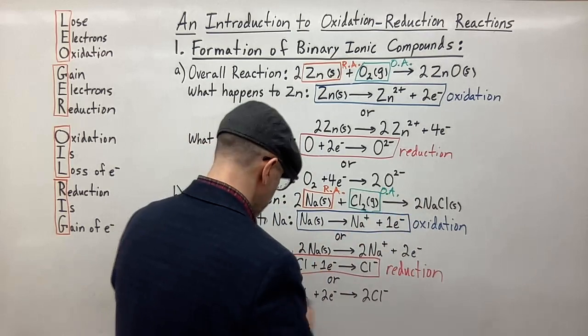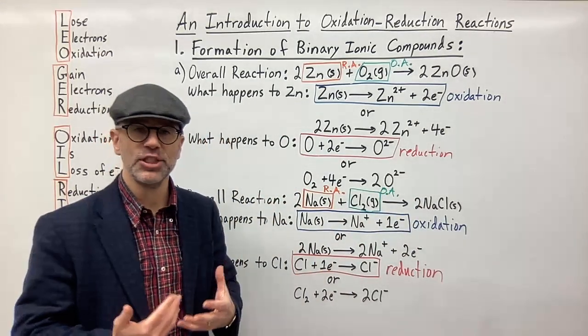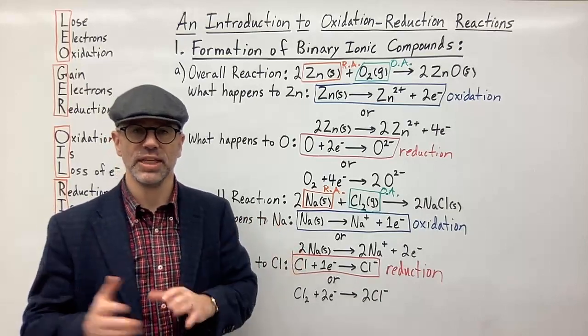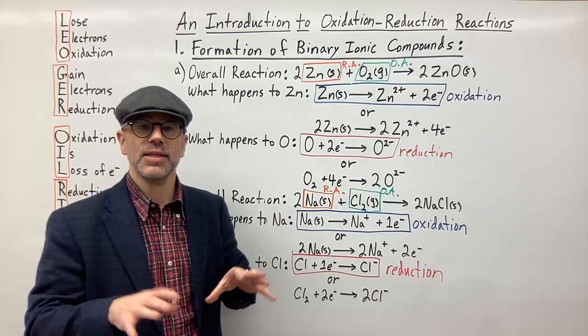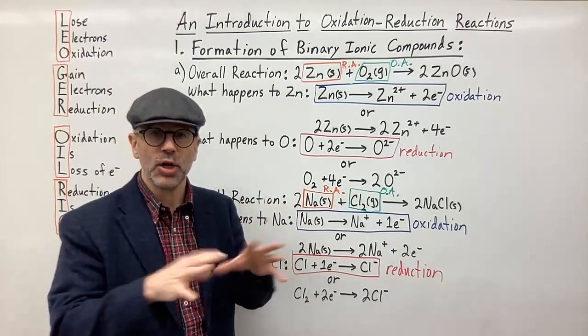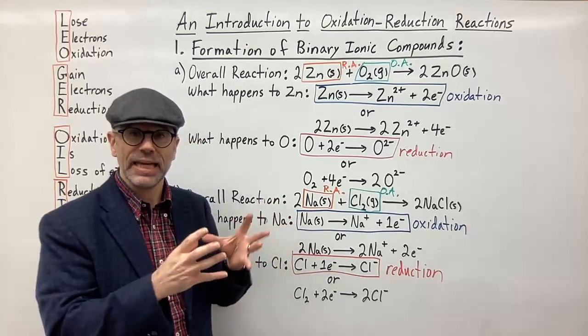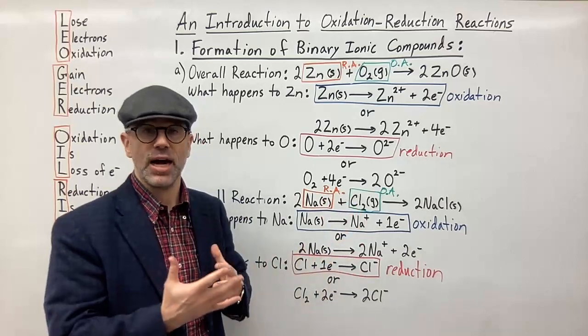Now, there's one really important thing you have to remember when you're distinguishing oxidizing and reducing agent. The agents are always the complete compound or element or molecule that contains what is being reduced or oxidized.